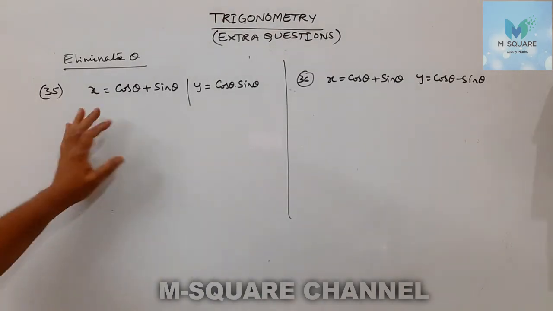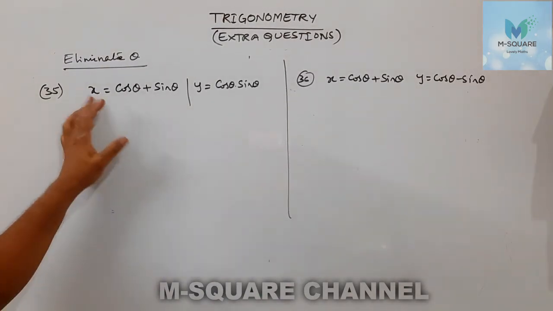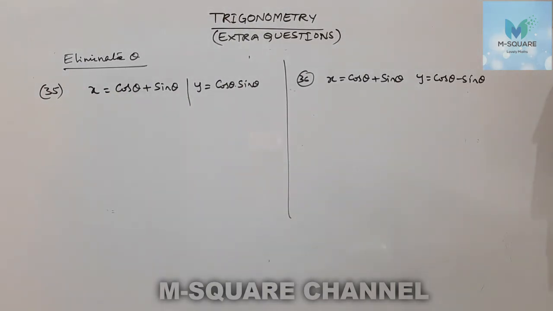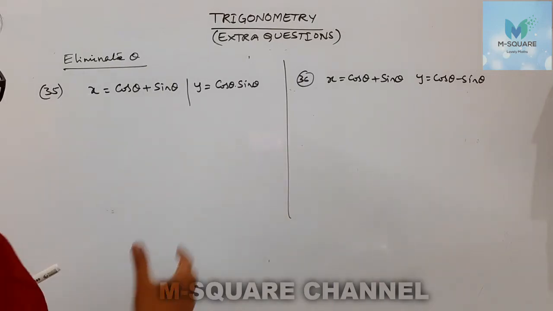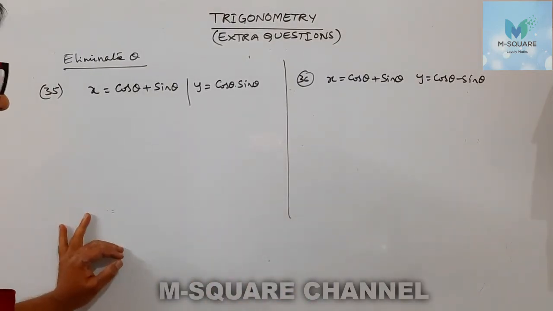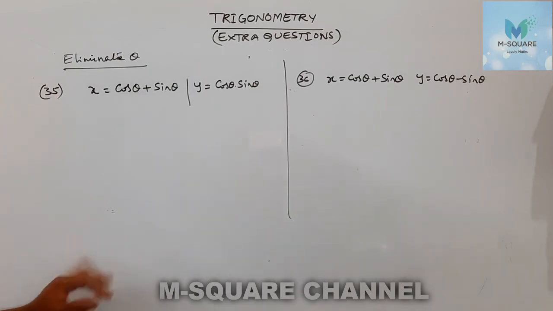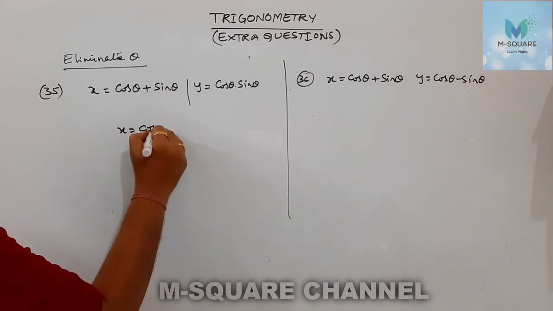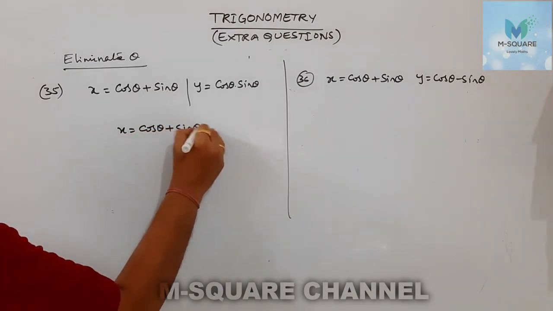In these two questions, observe these two. x equal to cos theta plus sin theta, y equal to cos theta into sin theta. So what formula? sin square theta plus cos square theta equal to 1. First you take x equal to cos theta plus sin theta.